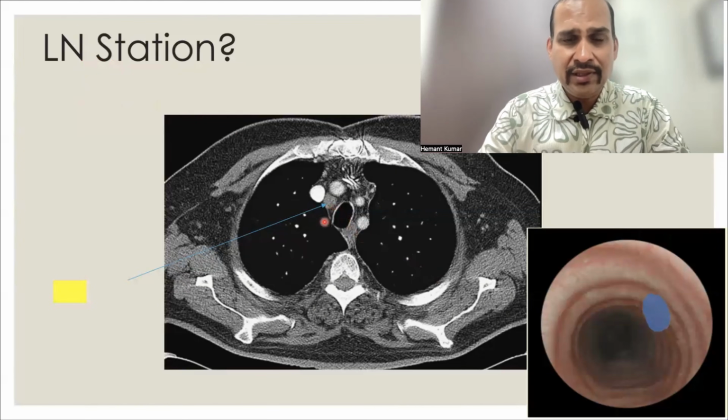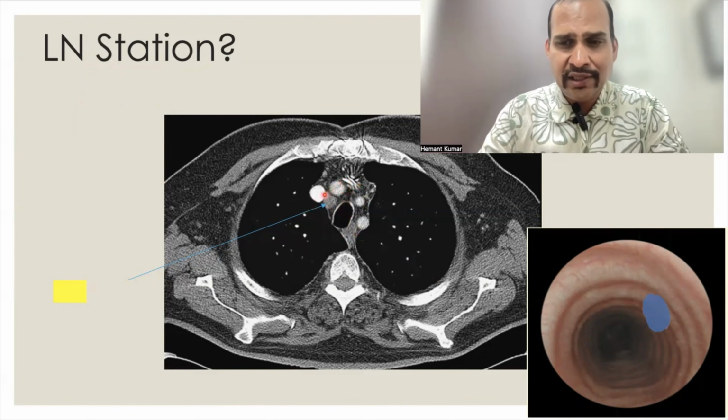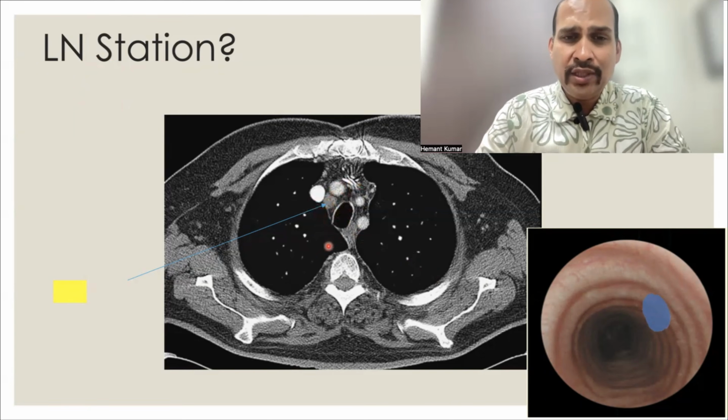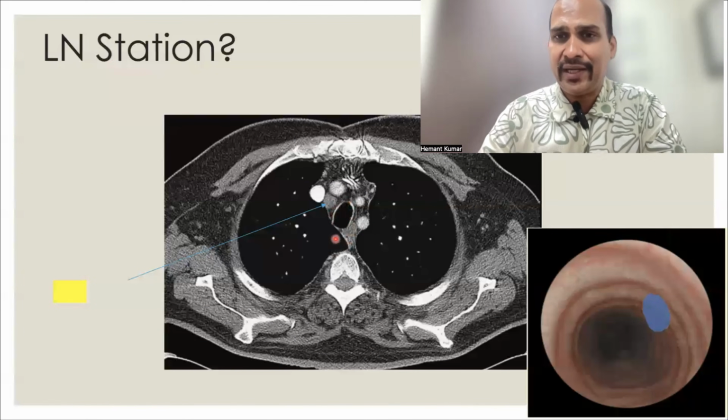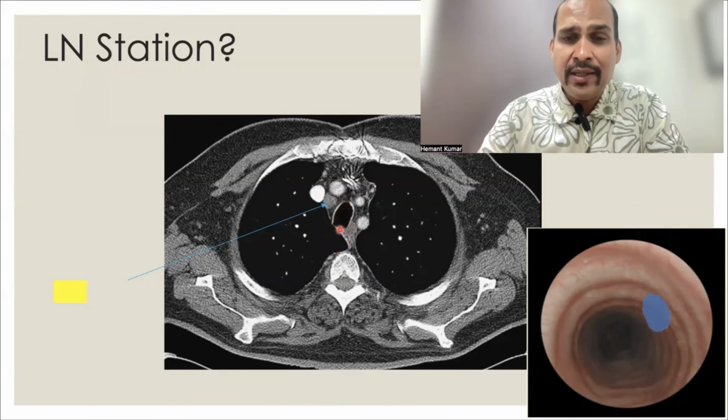So which lymph node station is this? You can see this is upper paratracheal or lower paratracheal. This is upper paratracheal area. Why? Because aorta has not come in the picture. Okay, so these are the branches of the aortic arch, subclavian artery and common carotid.